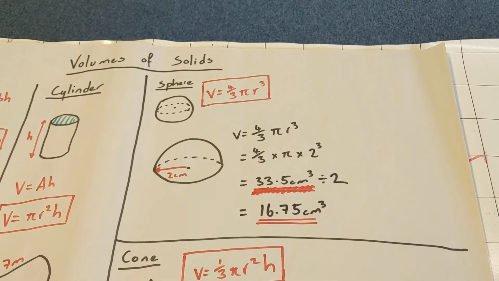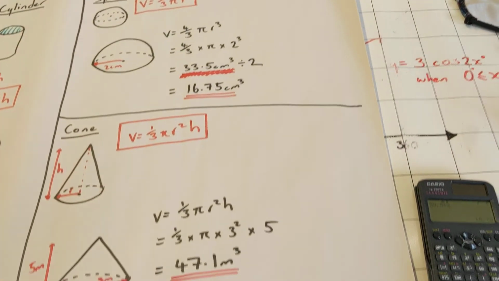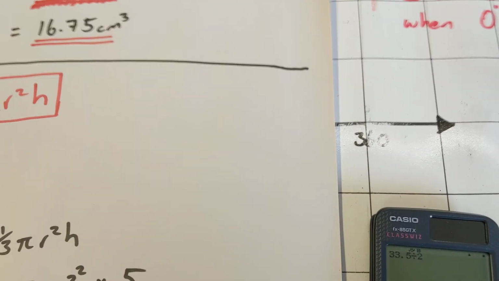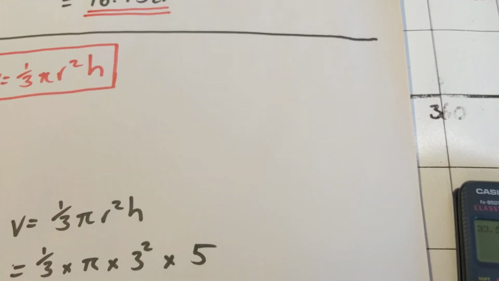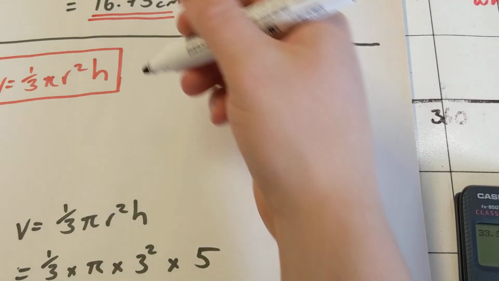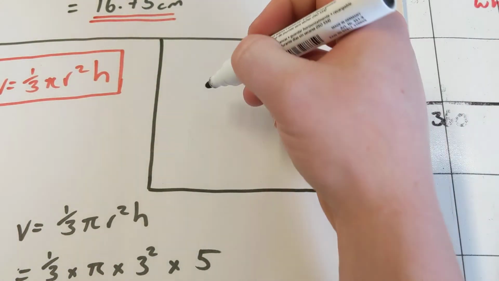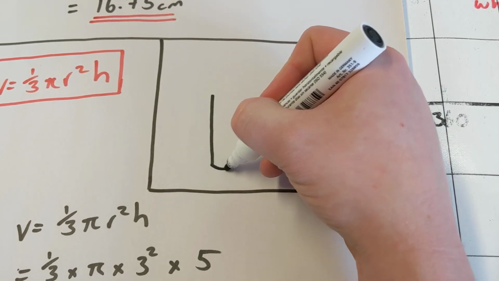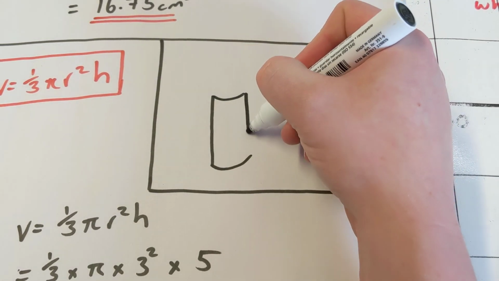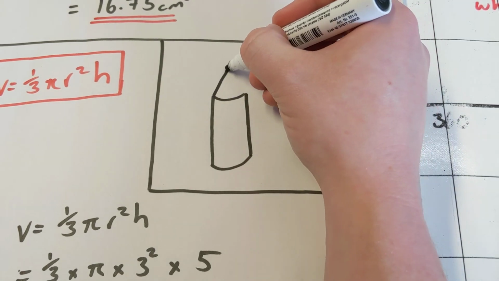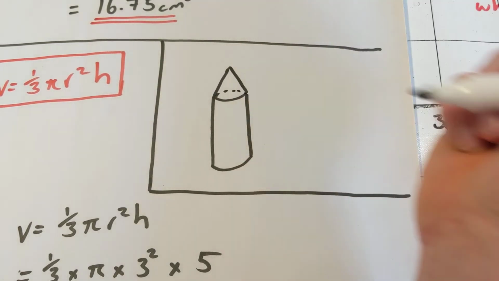Now, you might get a question, and I'll probably look at this in another video, or I'll go over it in class with you, where you've got a shape that's made up of a couple of different shapes put together. So let's say instead of these individual shapes, we have a shape where it's a cylinder like this, but then it's got a cone on top of it.